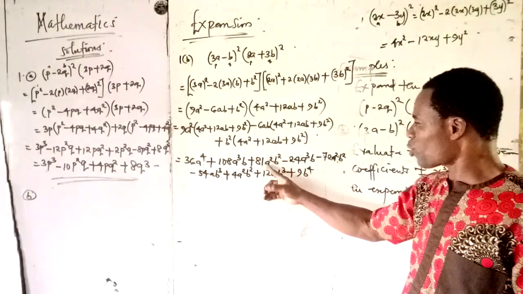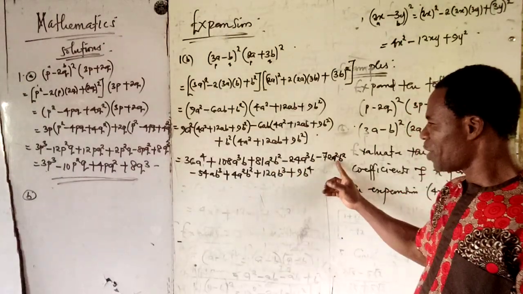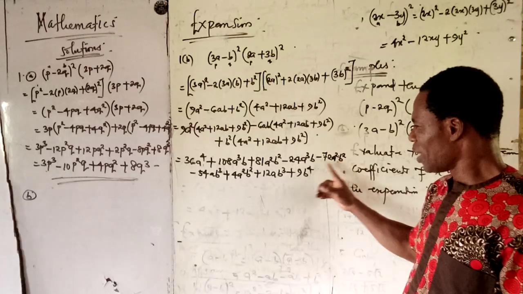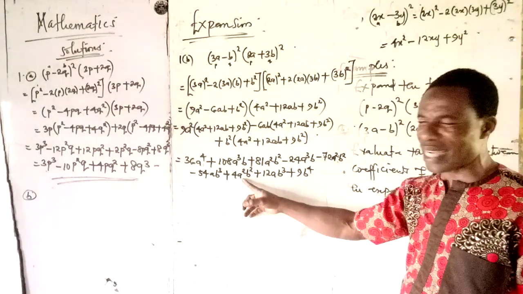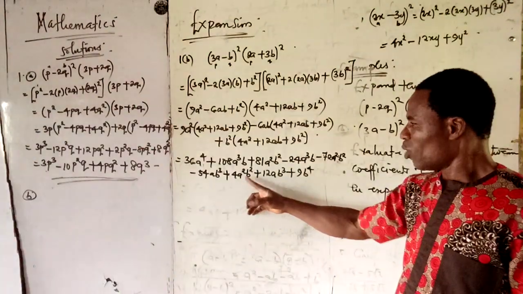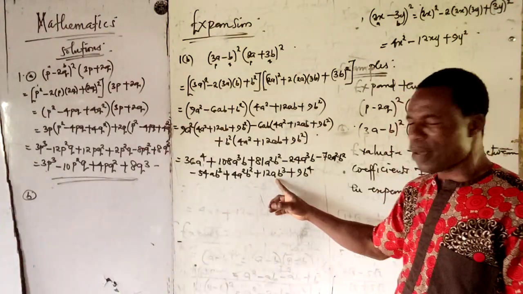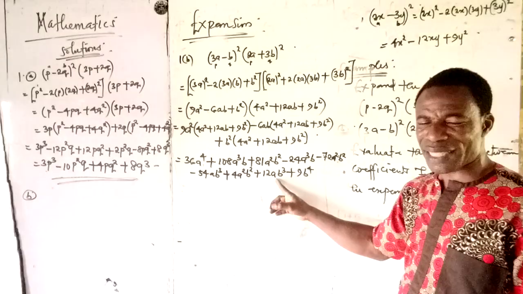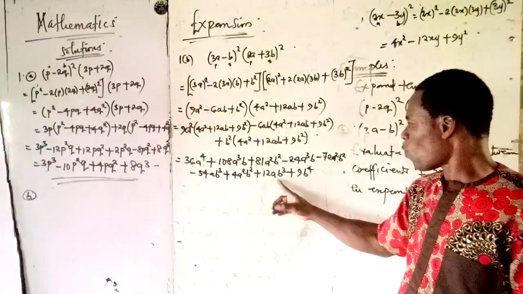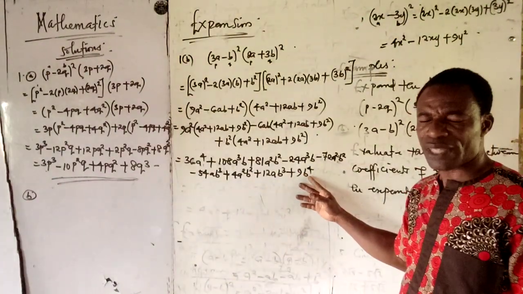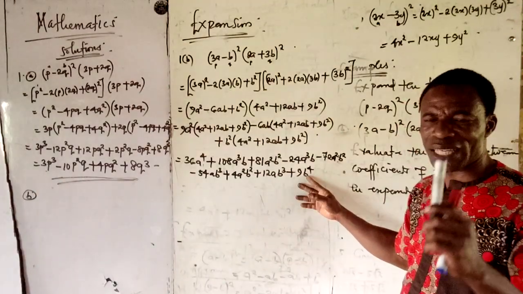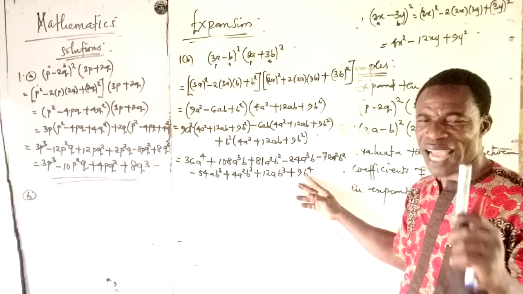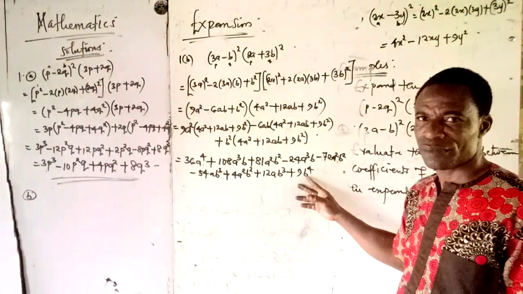Look at a square b square, and this a square b square. They are going to be collected as like terms. Look at ab cube, they are going to be collected as like terms, while 9b4 will stay where it is. Why is it so? It's just a singular term without any like terms like it.